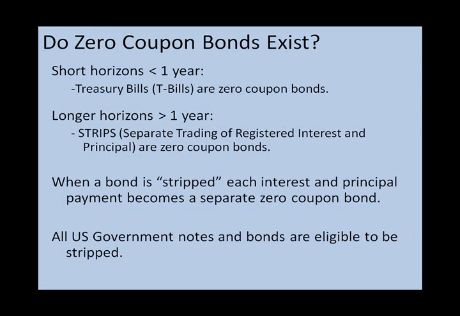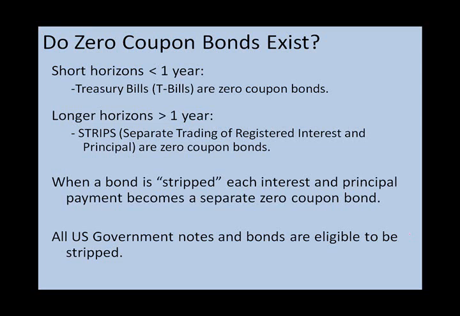You may or may not have heard of strips before, but basically all government bonds, and these will be coupon paying bonds that may be issued for 5 years, 10 years, 15 years, 20 years, or even 30 years, are eligible to be stripped. And what that means is that the interest payment at each period becomes a separate zero coupon bond, as does the principal payment at maturity.